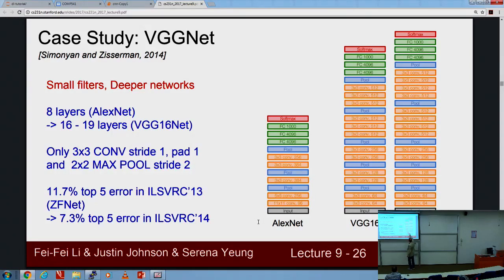So 2 convolutions after the input plus pool, 2 convolutions plus pool, 2 convolutions plus pool, and then 3 convolutions, and then the last 3 layers are the fully connected and softmax layers. So very, very simple, just deeper. Okay? Using this deeper network, they were able to get the top 5 error rate to below 10%, at around 7%.